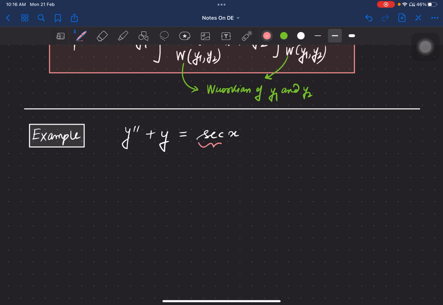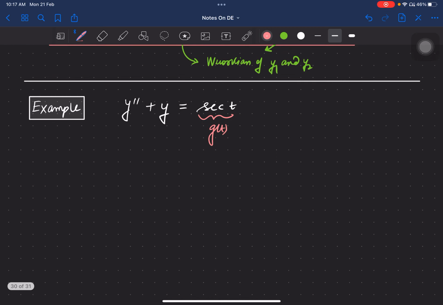This is our g of x here, but for maintaining uniformity, let us write t only, so sec t is our g of t. This g of t does not fall into any of those known forms for which we know trial solutions, so the undetermined coefficients method will not work here, and we'll use the variation of parameters method to solve this non-homogeneous second order differential equation.